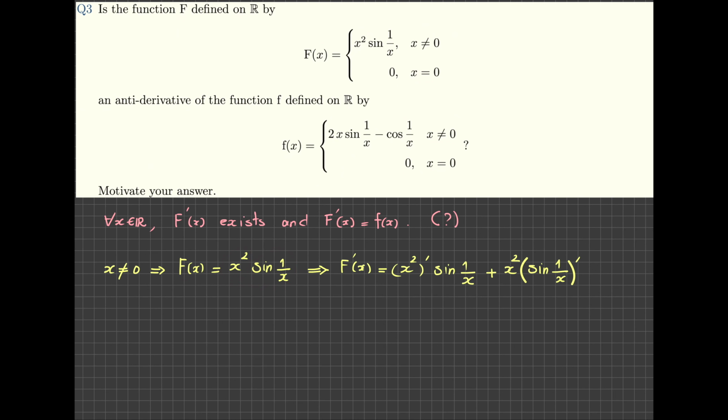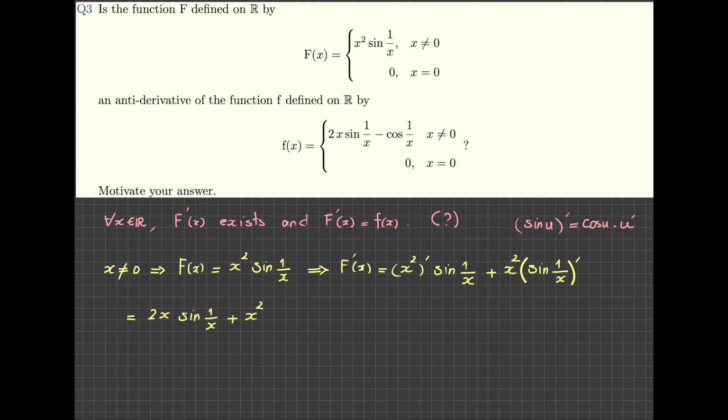Okay, and if I continue, the derivative of x squared is simply 2x multiplied by sine of 1 over x. Then I have plus x squared. Now if I want to differentiate this part, I need to use this rule. We know that the sine of u, where u is a function of x, is differentiable if u itself is differentiable, and the answer is simply cosine of u multiplied by u prime by the chain rule.